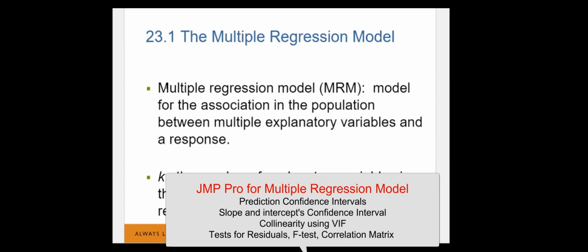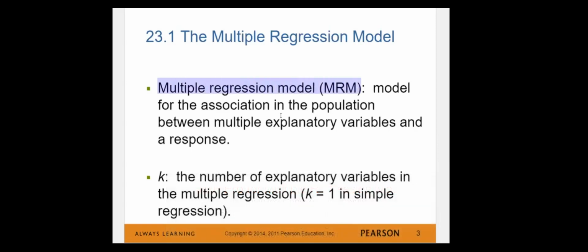So what is multiple regression? A multiple regression model, or MRM, is a model for association in the population between multiple explanatory variables and a response. So you have one dependent or response variable, and you don't have only one explanatory or input variable.